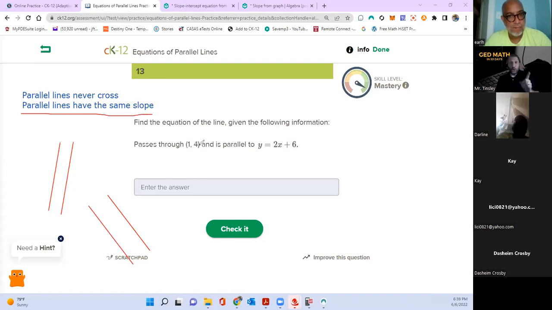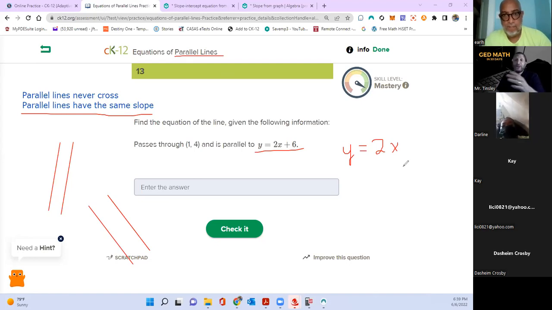So, two things from this question. When they tell me to find the equation of a parallel line, and they gave me an equation of y = 2x + 3, I know any other equation that's parallel to that is going to begin with y = 2x. I don't know the y-intercept, but I do know it's going to start with y = 2x.